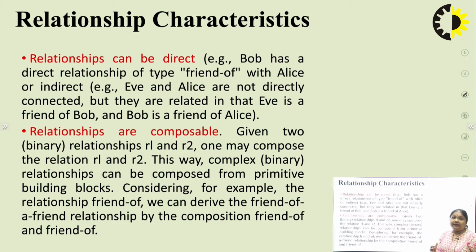Relationships are composable. Given two relationships R1 and R2, one may compose the relations R1 and R2. Complex relationships can be composed from primitive building blocks. For example, from the relationship friend of, we can derive the friend of a friend relationship by the composition of friend of and friend of relationships.